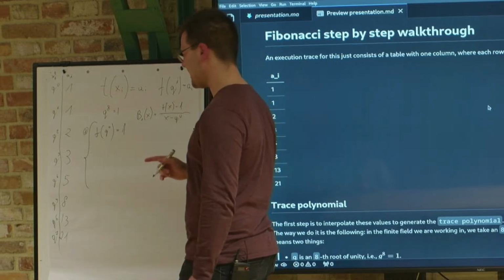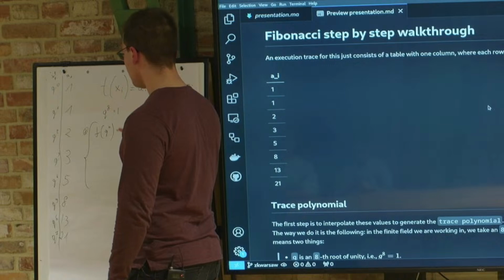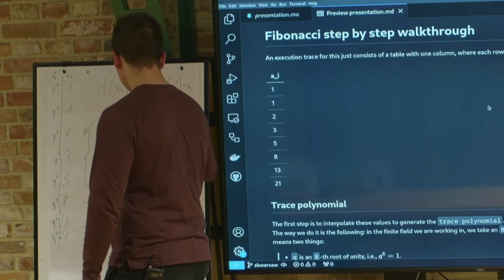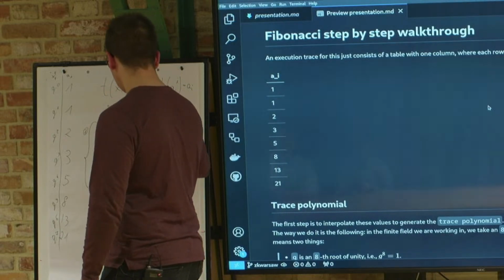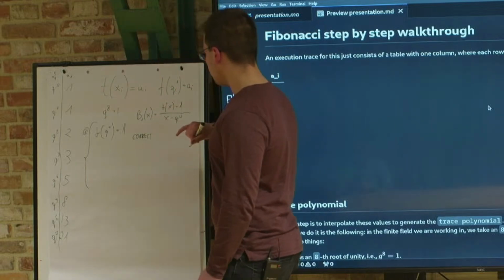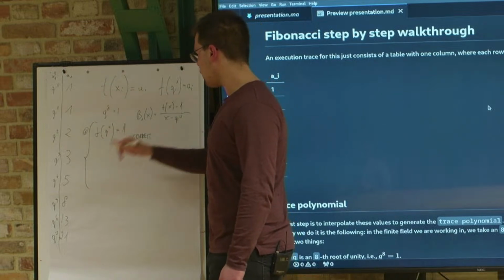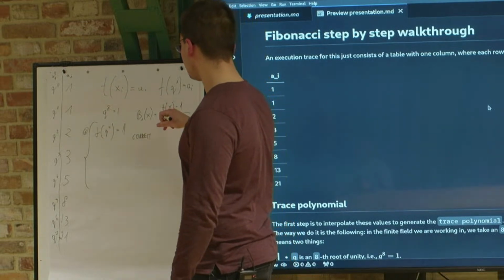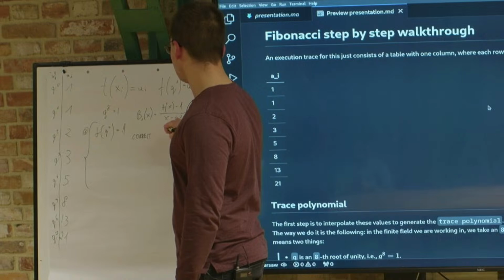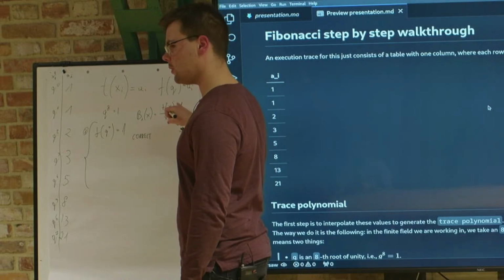So imagine that our trace is correct. When this trace is correct, I know that t of x is also correct, so in the place x equal to g0, it equals 1, so this whole top part is equal to 0.